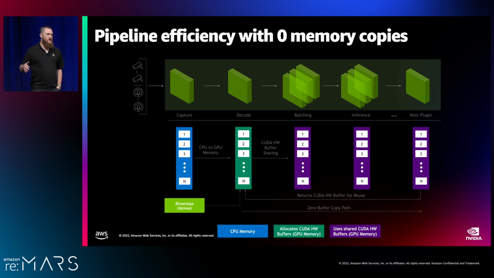Underneath the hood, DeepStream takes all of that and abstracts it away from you. Once you move data onto the GPU, it stays there through the entire process, so there's no copying back and forth. Once you decode it, batch it together, and run AI inference, all of this is done on the GPU. And then you can transfer back whatever you need, metadata, things like that. So that's one of the huge benefits of using DeepStream.